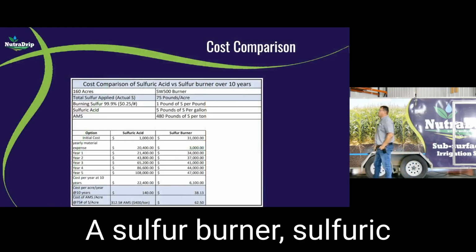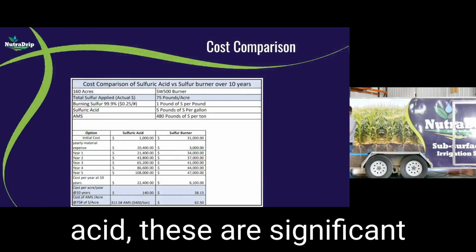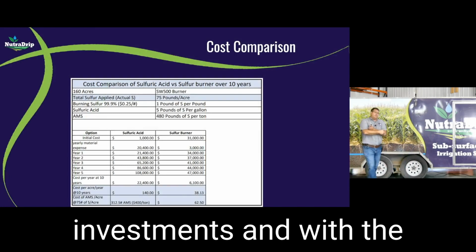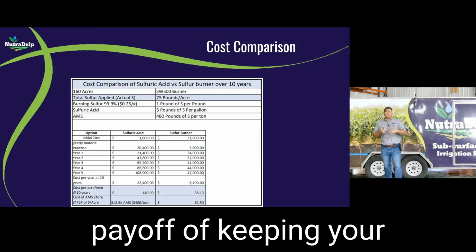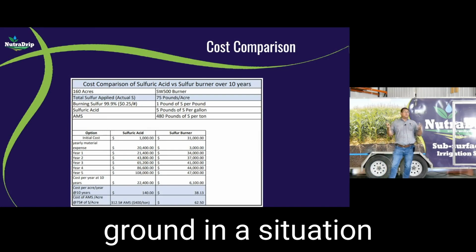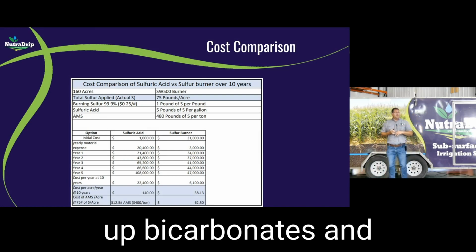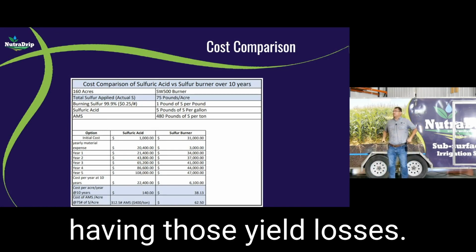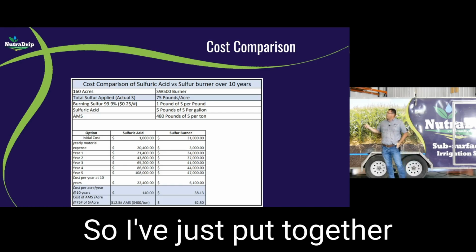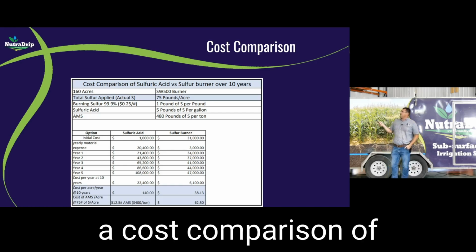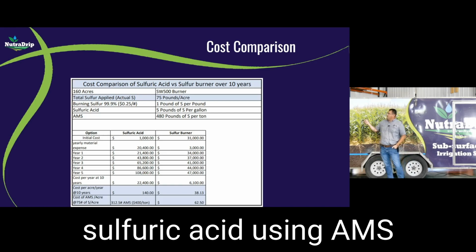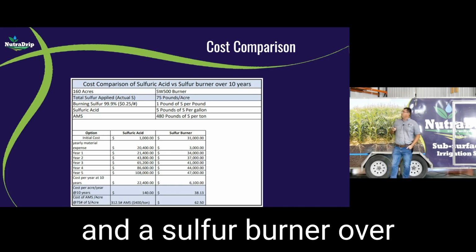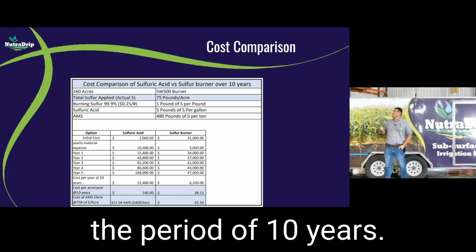A sulfur burner or sulfuric acid are significant investments, with the payoff of keeping your ground in a situation where you're not building up bicarbonates and having those yield losses. So I've just put together a cost comparison of sulfuric acid, using AMS, and a sulfur burner over the period of 10 years.